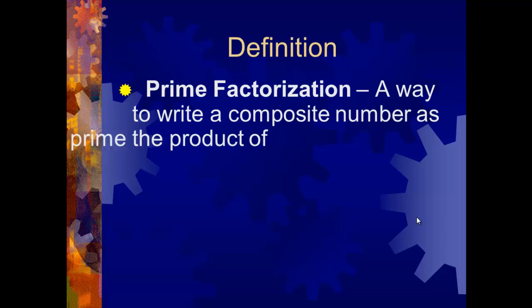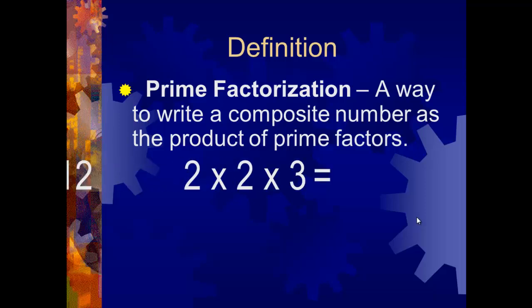Now, prime factorization. Not prime numbers, prime factorization. Prime factorization is a way to write a composite number as the product of prime factors. Let's see how. 12.